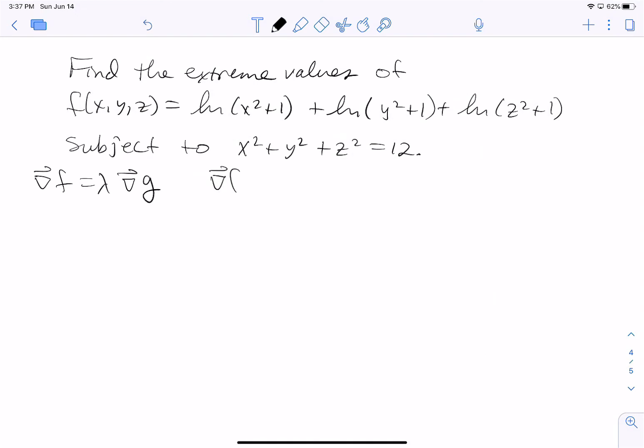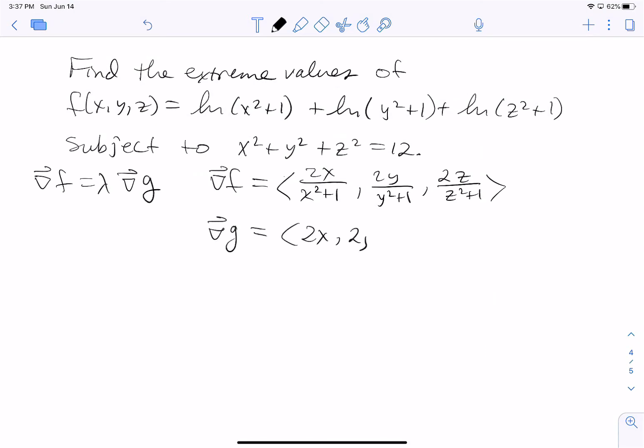First, let's find del f, and it is going to be 2x over x squared plus 1, 2y over y squared plus 1, 2z over z squared plus 1, and del g is equal to 2x, 2y, 2z.